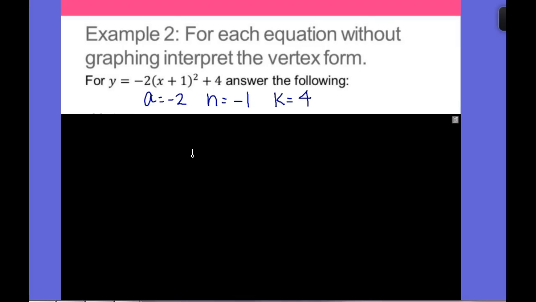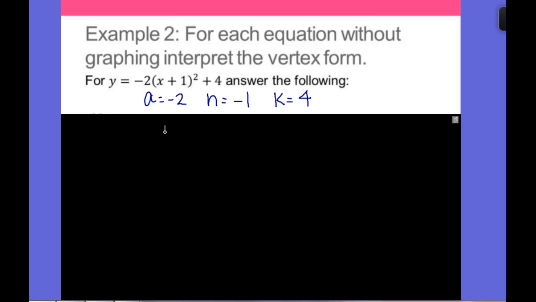So once again, we look at our equation and we identify A, H, and K. The A value is -2, the H value is -1, and my K value is 4.